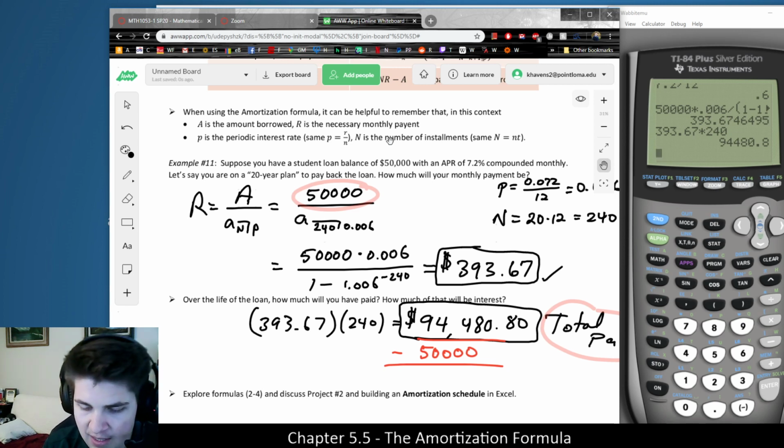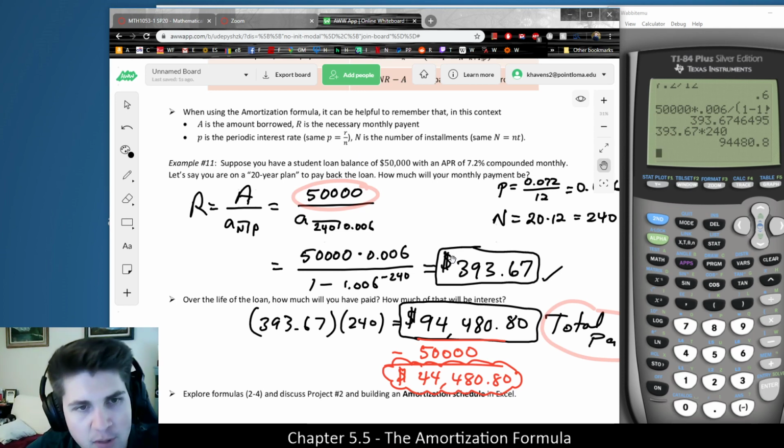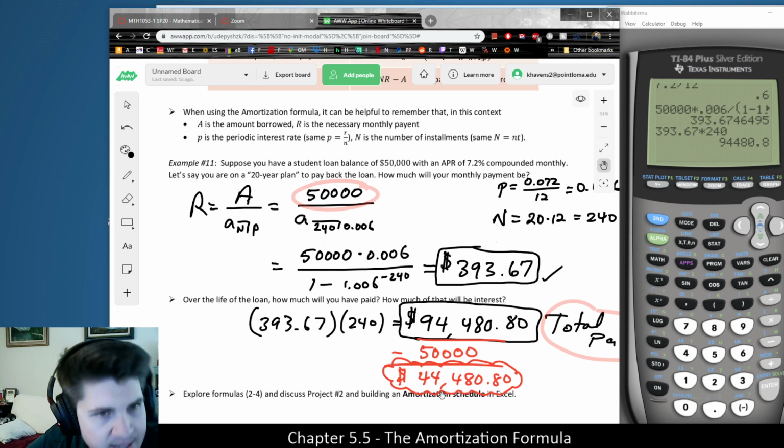Subtracting that all together is $44,480 and 80 cents. What that leads me to believe is I have paid $44,000 in interest over those 20 years on my student loan. So I borrowed 50K, I paid off almost double that, and I can calculate the net interest paid in that period of time.